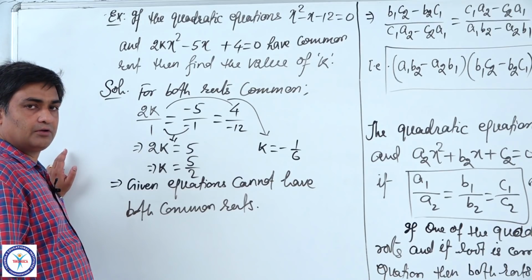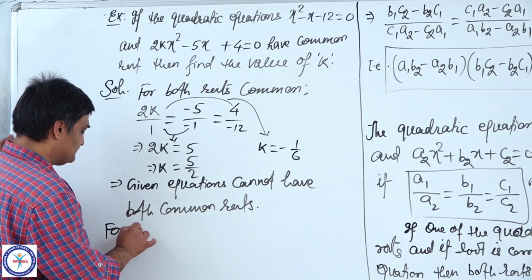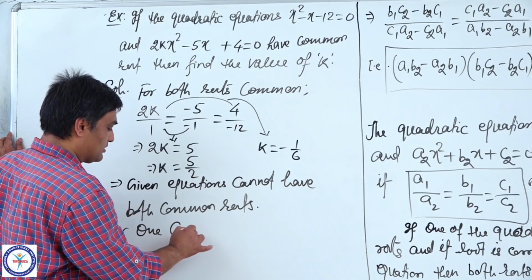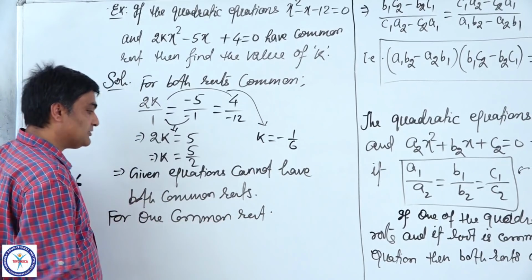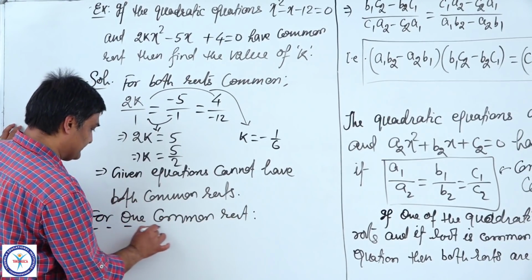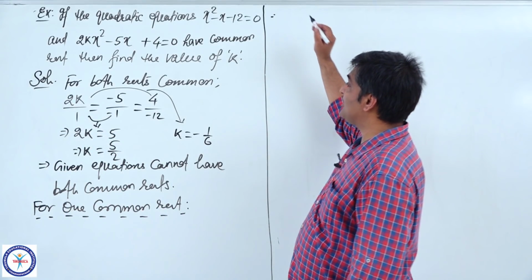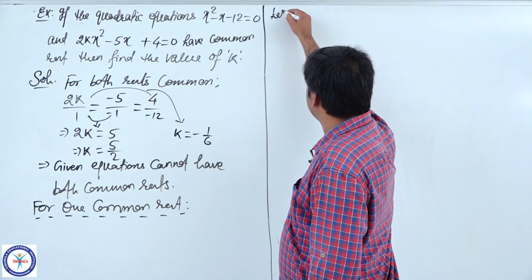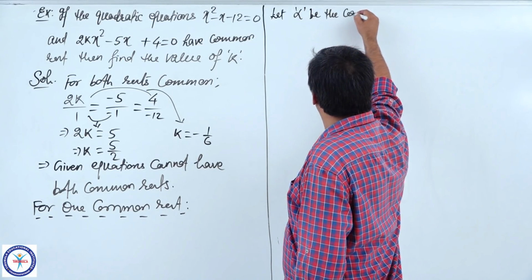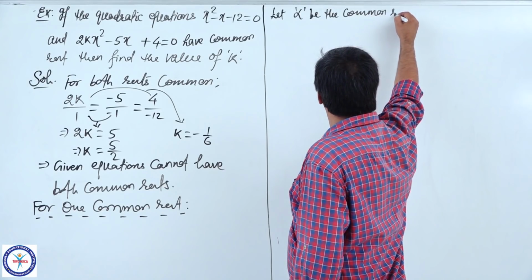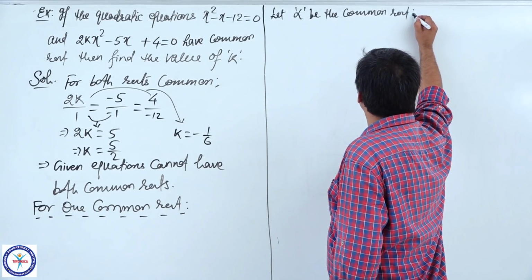So now think of one common root. For one common root, now we will solve for this. For one common root, let alpha be the common root.